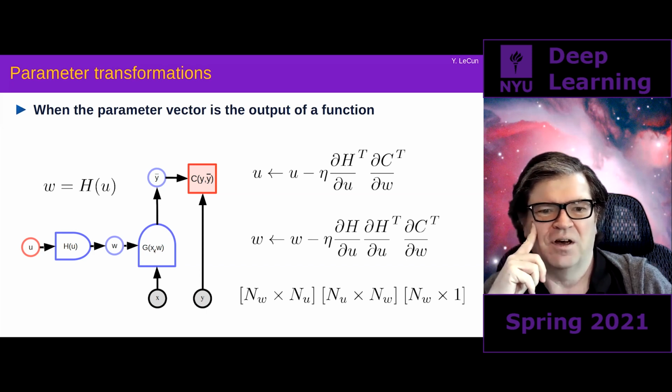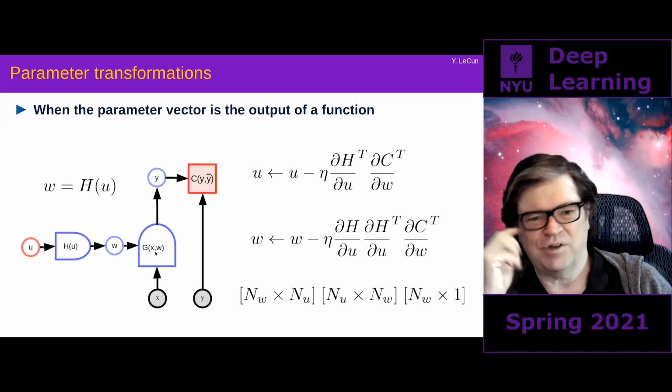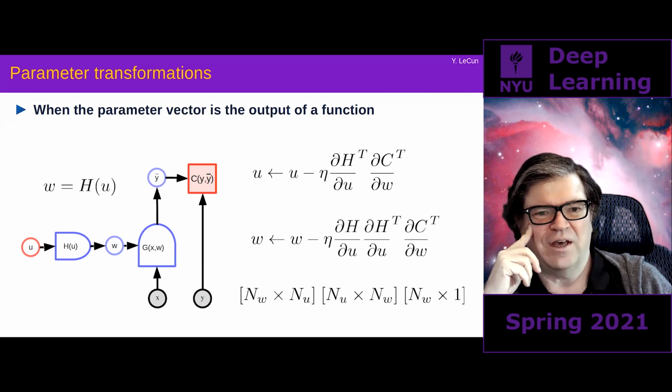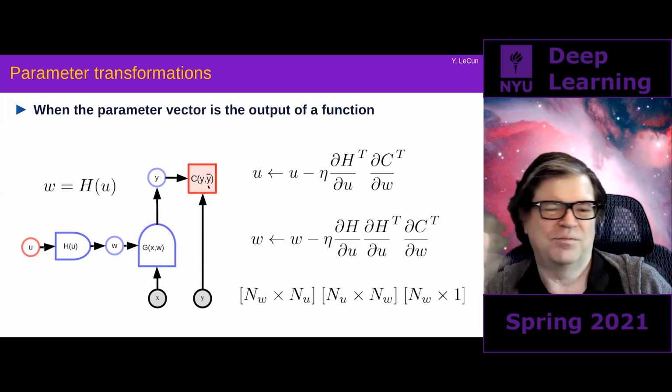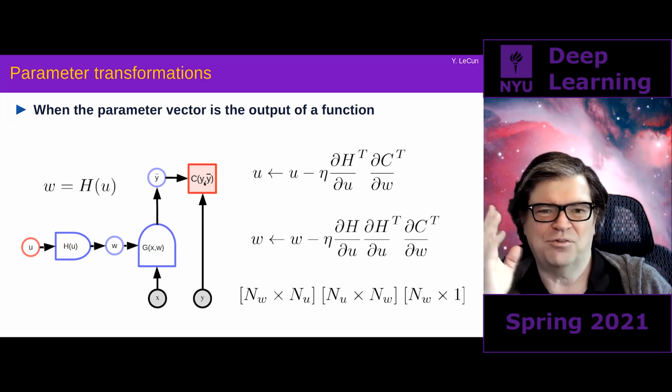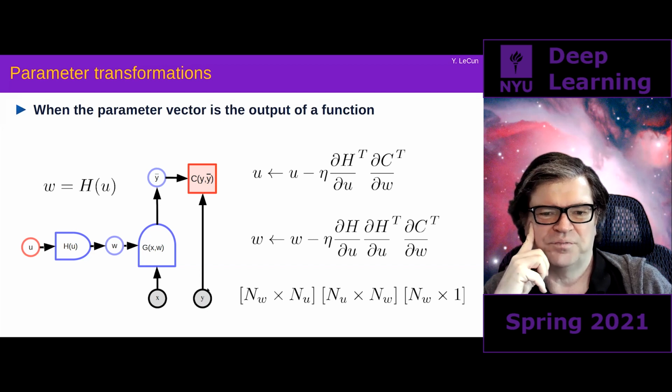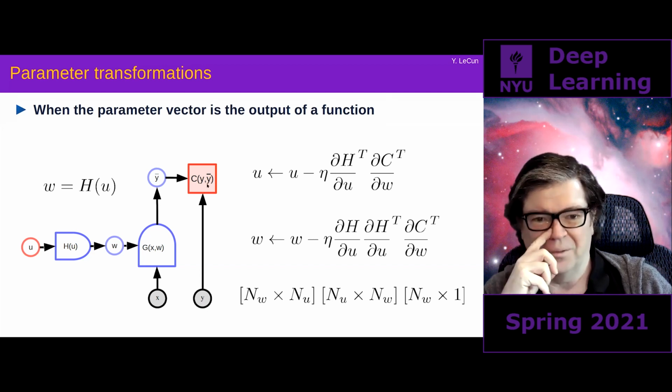So we have a neural net here, takes an input, applies some complex deep learning system to it, G of X W, or maybe it's simple. You get an output prediction, Y bar. Plug this into a cost function of some kind, log softmax, whatever, with a desired output, okay?